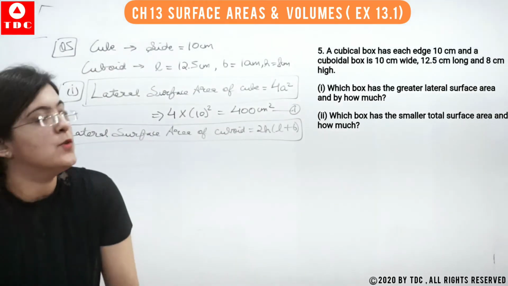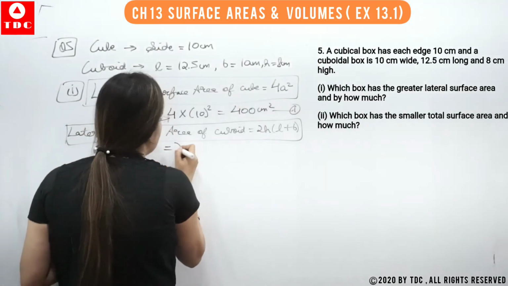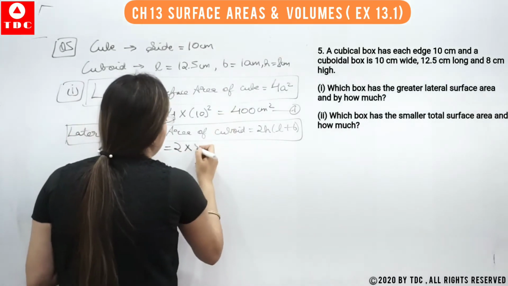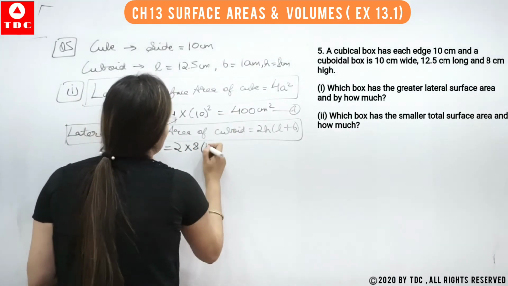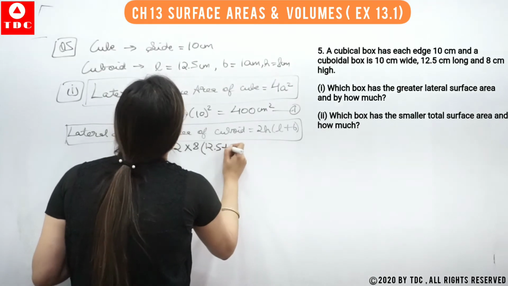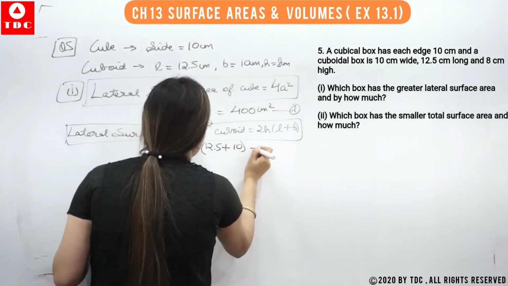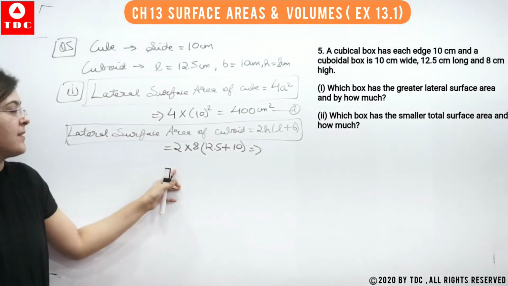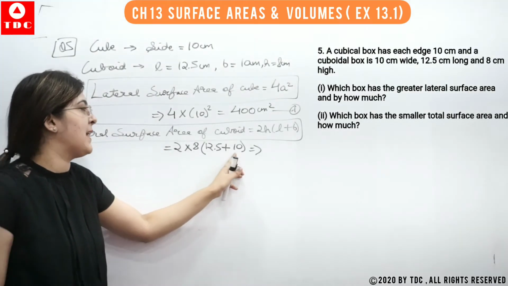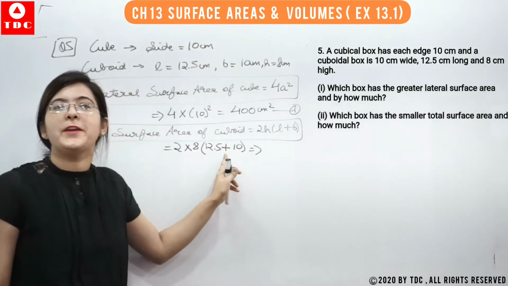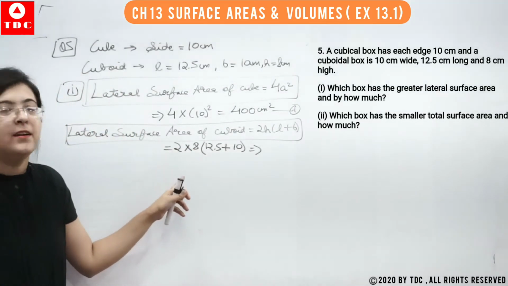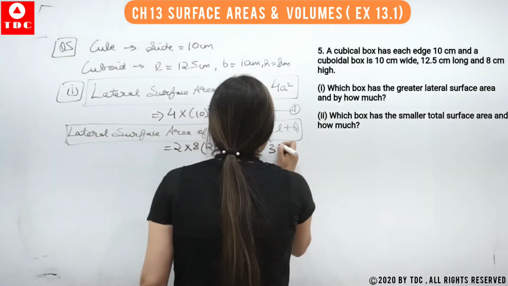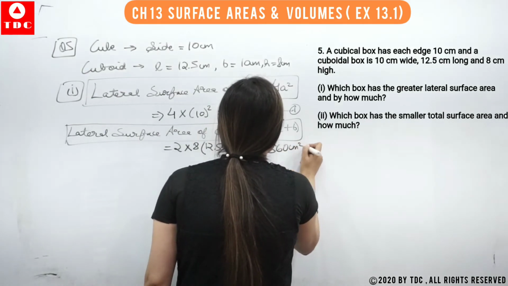Put the values. 2 into, your height is 8. Length is 12.5 plus breadth is 10. No, here 12.5 plus 10, that means 22.5 into 16. Do it, you will get 360 centimeters square.